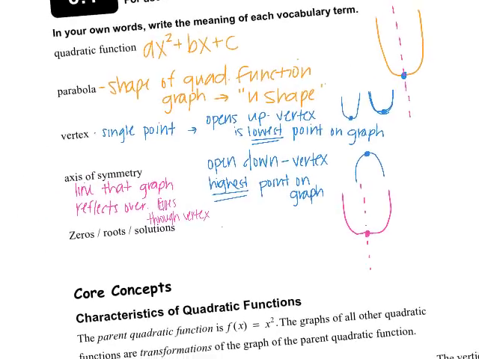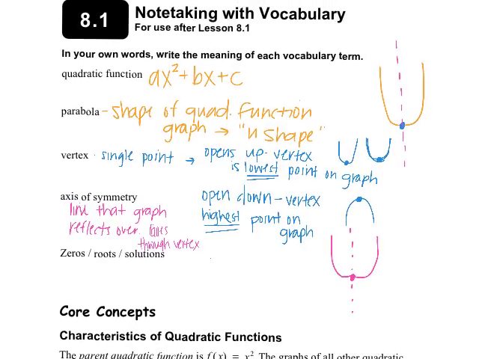All right. And the very last word we have is probably one of the most important ones. It is actually the whole reason that we did the factoring unit. It's the whole reason that we did solving by square roots. Remember how we had those solutions? So the zeros or roots or solutions, it's all the same thing.